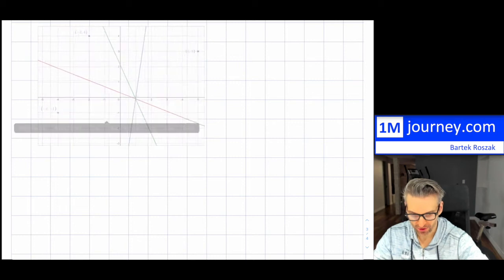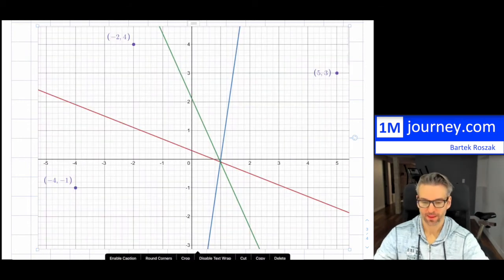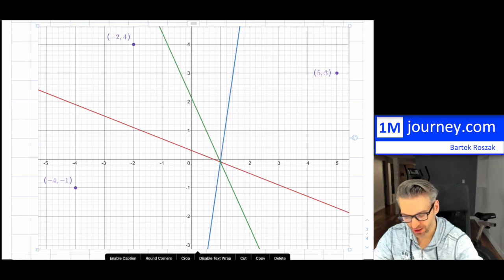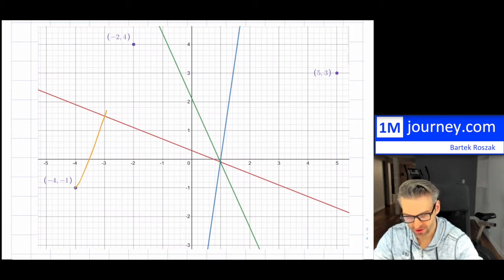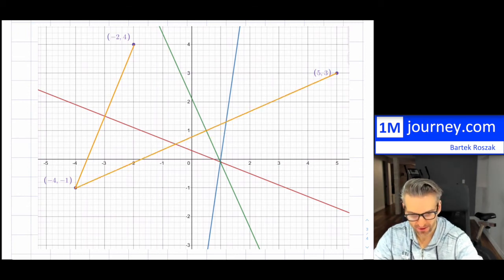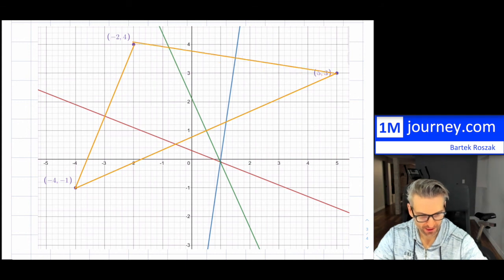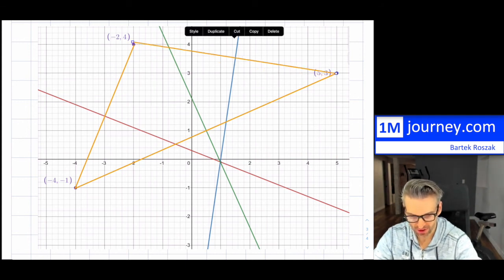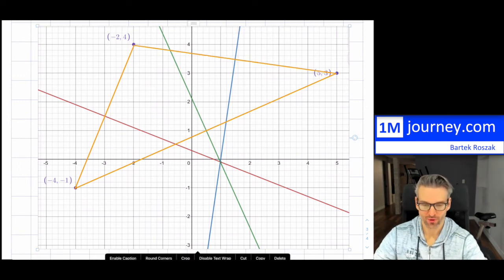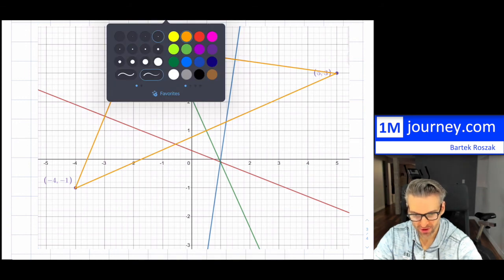Notice right here, if I blow this up and draw the actual triangle in here, this is kind of how the triangle looks. Let me just adjust this a little bit. So that's a triangle.